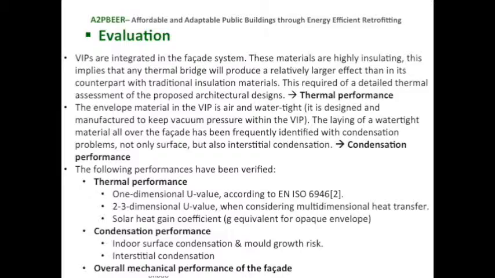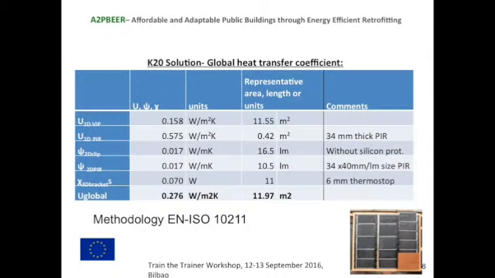And finally, of course, we developed overall mechanical performance of the facade. And once all the results of these points were satisfactory, we followed with the real demo sites.